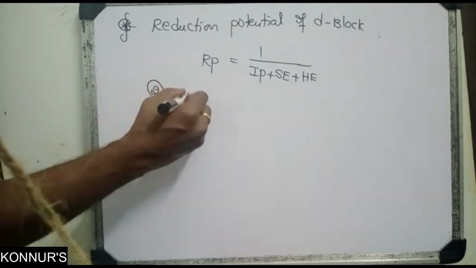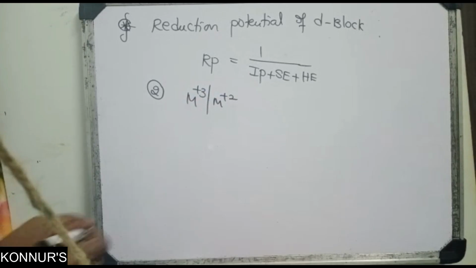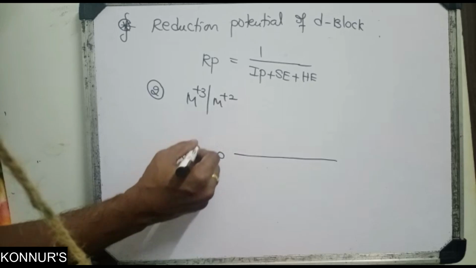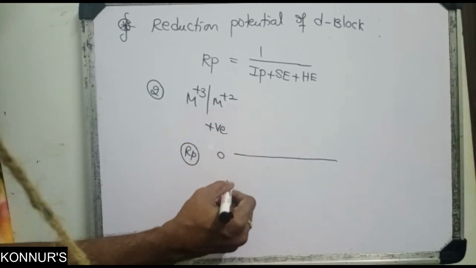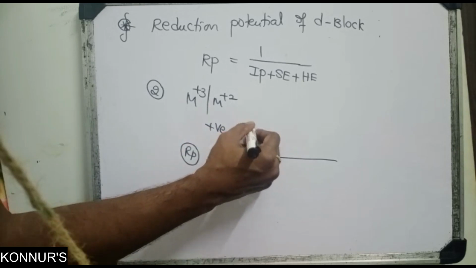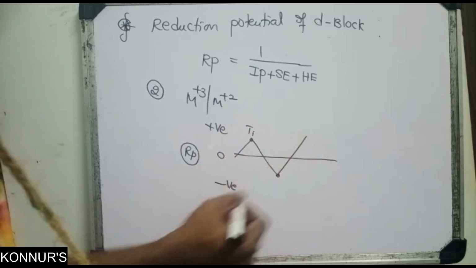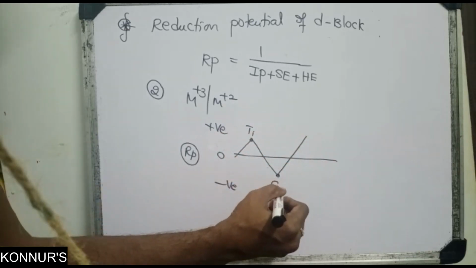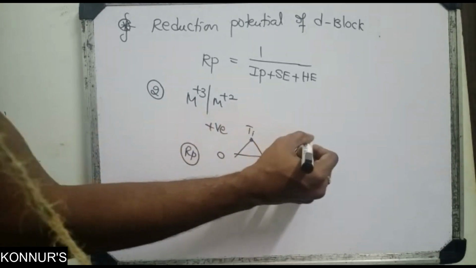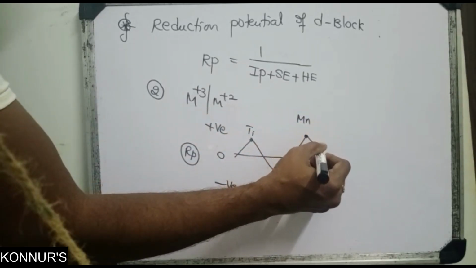Next, the second case, M+3 to M+2, the reduction potential graph, with positive, zero, and negative. The elements are scandium, titanium, vanadium, chromium, where chromium goes down, then manganese, iron, cobalt, nickel.